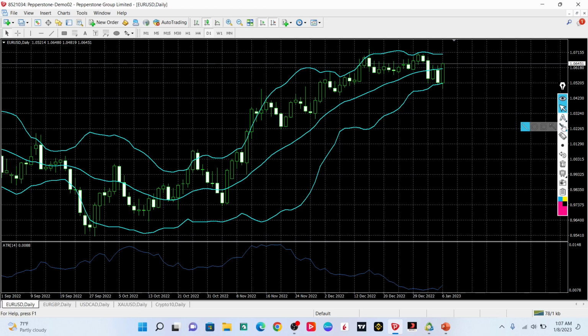So in conclusion, you get buy signals when the price hits the lower Bollinger Band. It means that every time the price comes downwards and hits the lower Bollinger Band, the price is oversold, and then we expect it to turn into a new trend of buying.